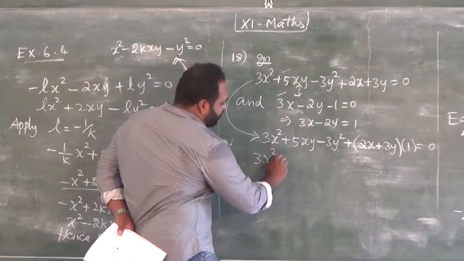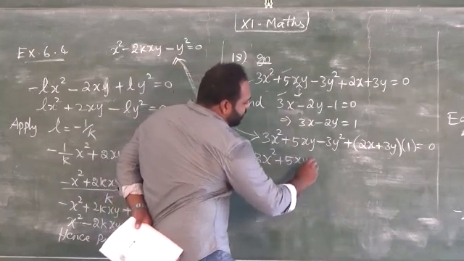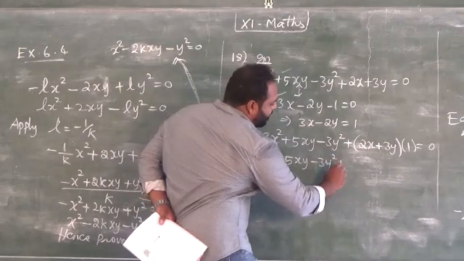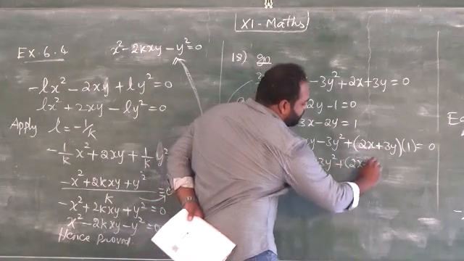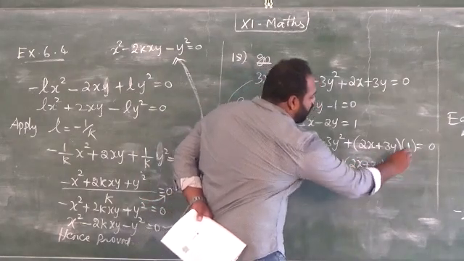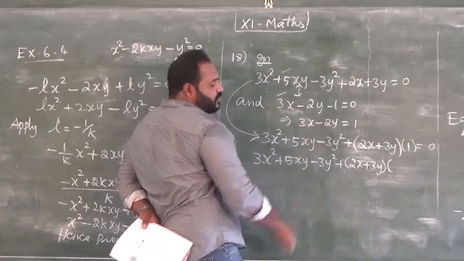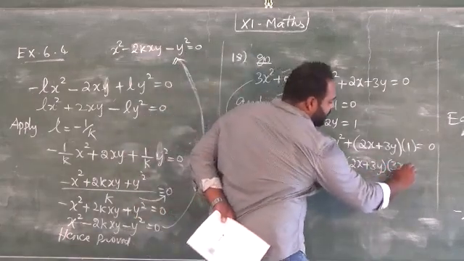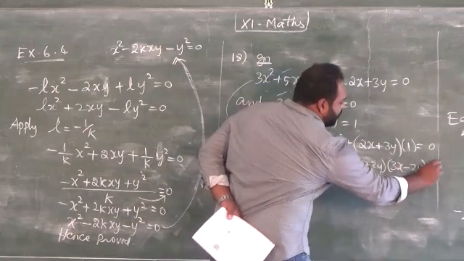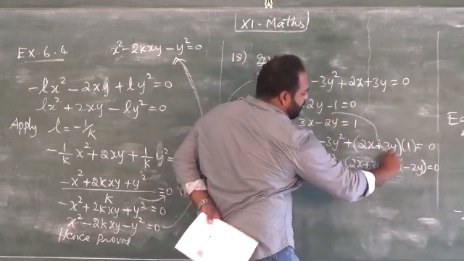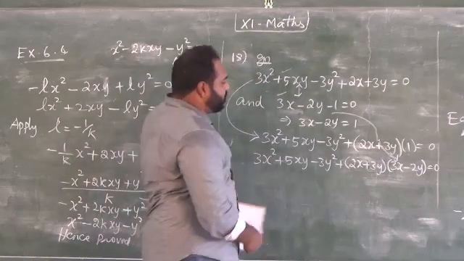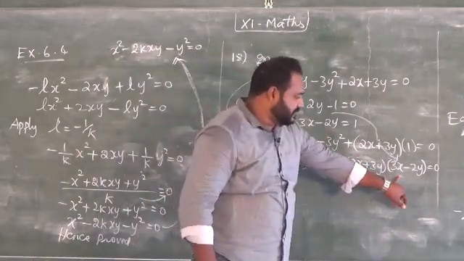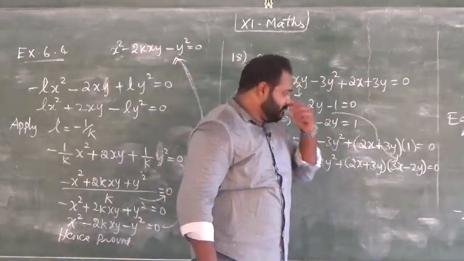So 3x square plus 5xy minus 3y square plus 2x plus 3y, instead of 1, I am going to write 3x minus 2y equal to 0, from this equation.